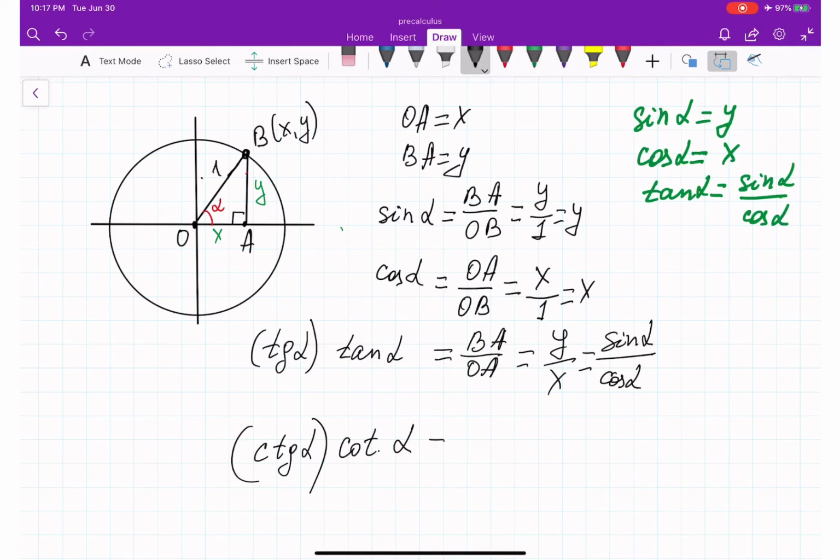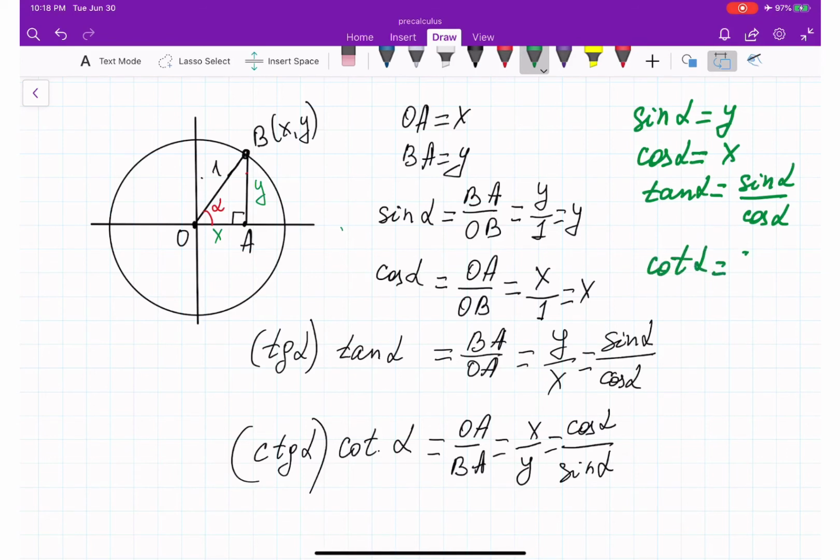And cotangent alpha is equal OA over BA, which is equal x over y, which is cosine alpha over sine alpha.